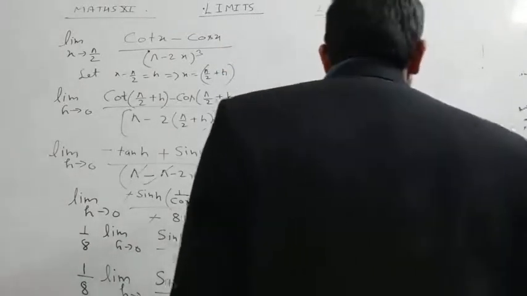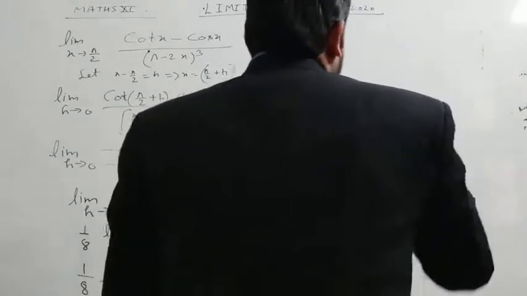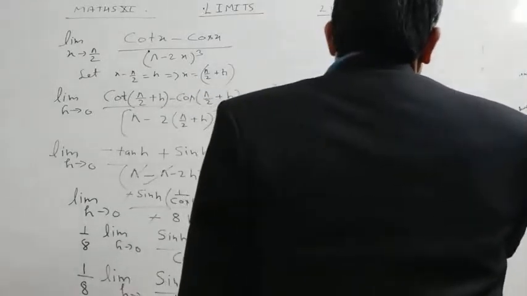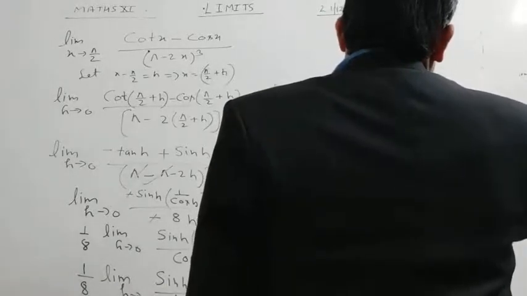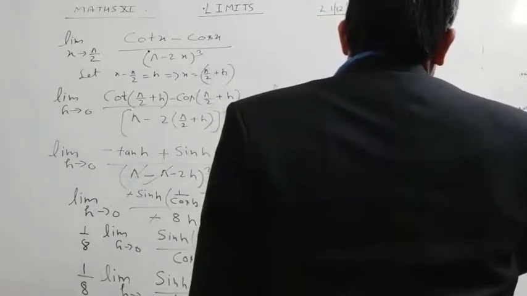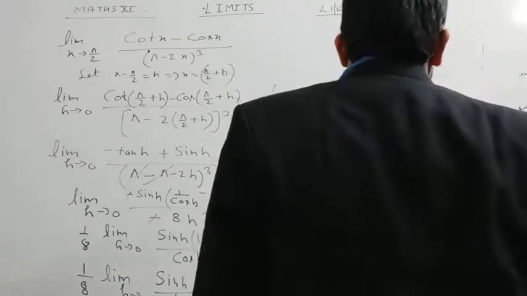Now this 2 we are sending inside, and again we write sin h by 2 by h by 2, multiplied by 2.